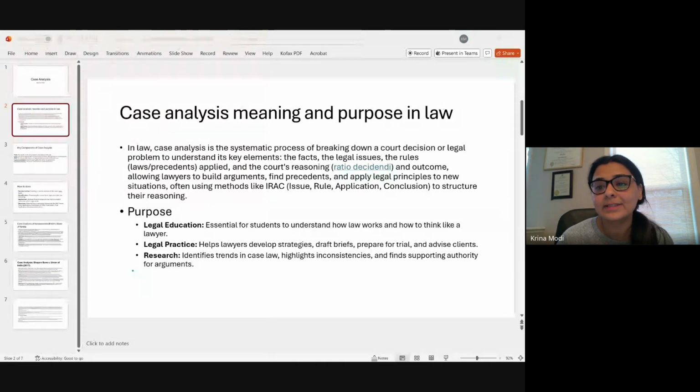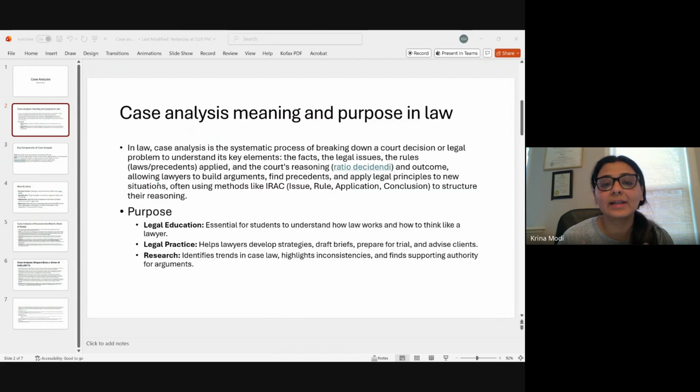But now I see how important research is. If I have to prepare a brief, I will first and foremost research the cases on it. It helps to identify trends in case laws, highlight inconsistencies, and find supporting authority for arguments.